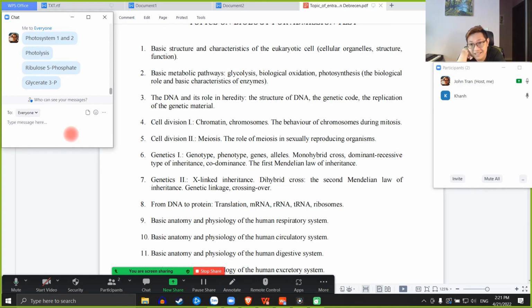Triose means a 3 carbon sugar. These reactions use ATP and NADPH from the light dependent reactions.